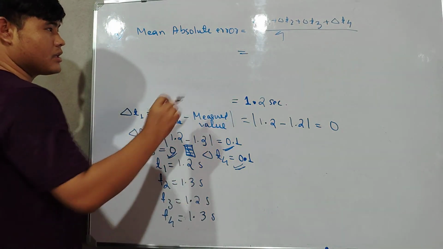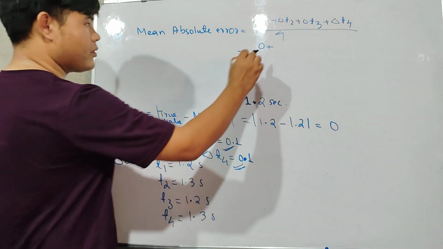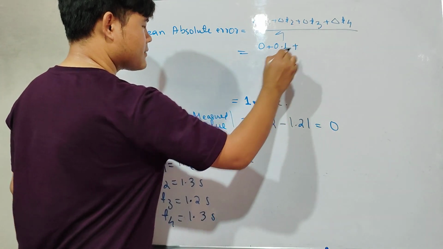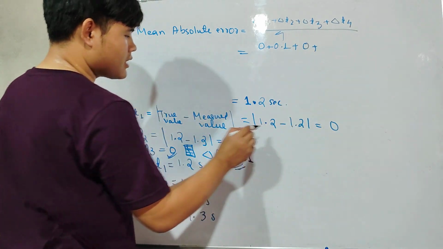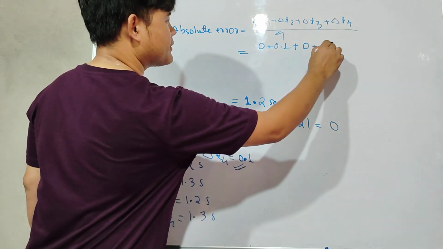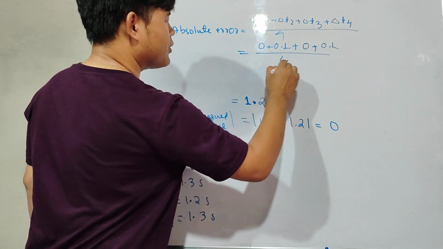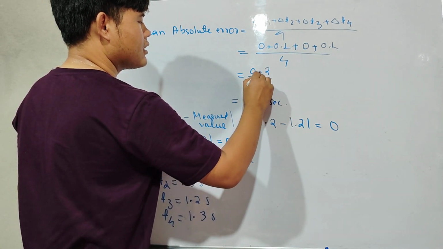Del T1 is 0, plus del T2 0.1, plus del T3 0, plus del T4 0.1, divided by 4. That means 0.2 divided by 4.